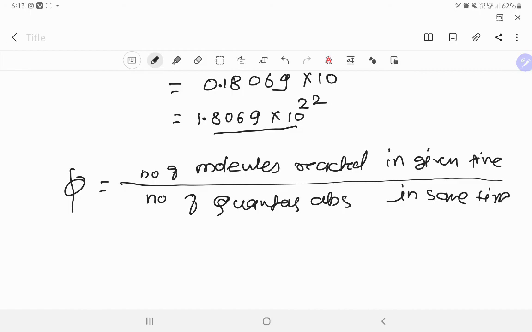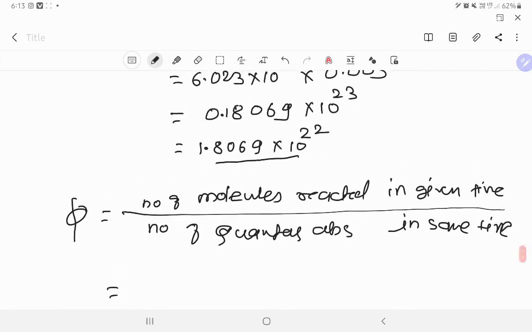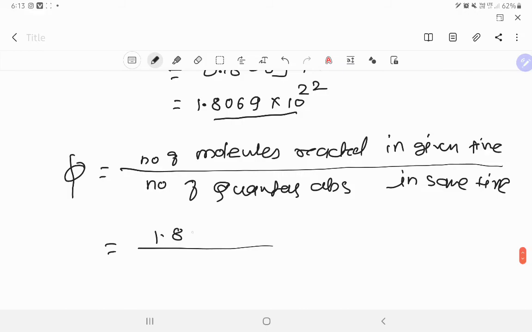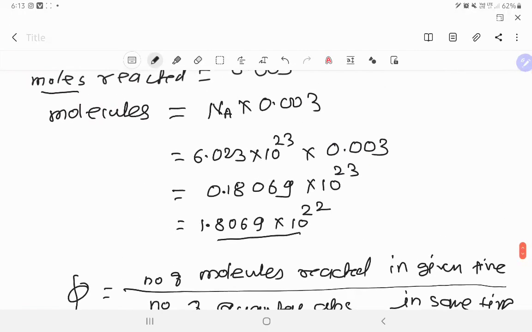Okay, take the ratio of these two. Number of molecules reacted: what is the value? 1.8069 into 10 raised to 22. Solve it simultaneously. Then and only then will we get the results. Divided by number of quanta absorbed.